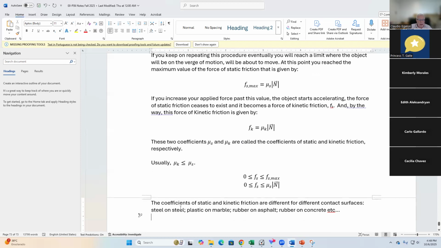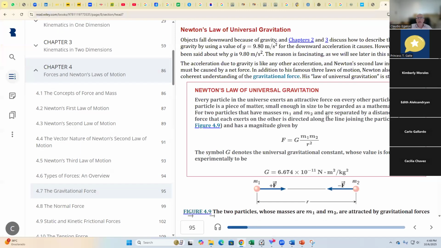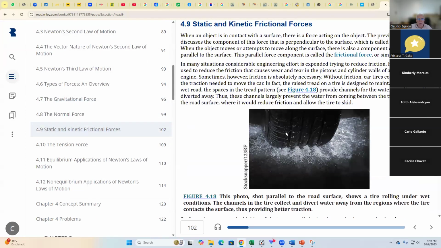We can find a table of those coefficients on Wikipedia or the internet. Here you go, let's take a look at your book.